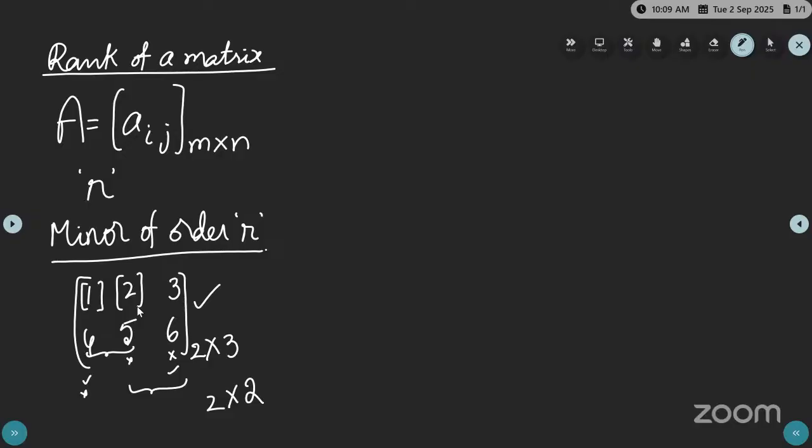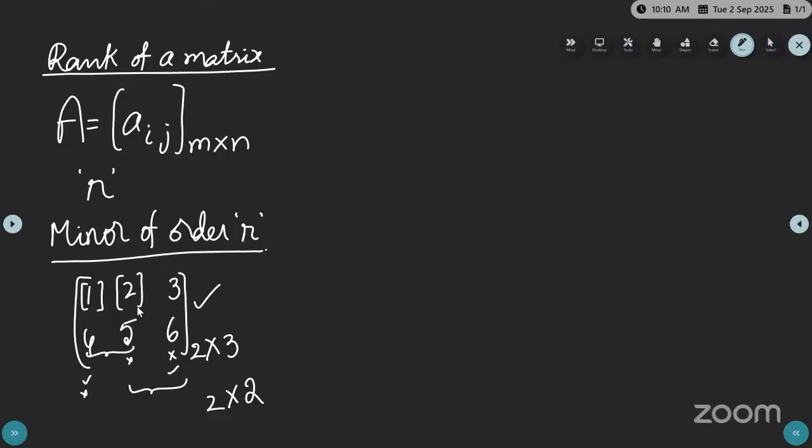First you write it. Consider a matrix capital A equals Aij of order m by n.